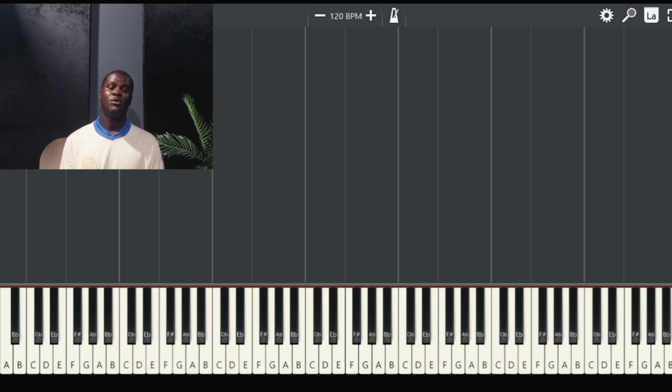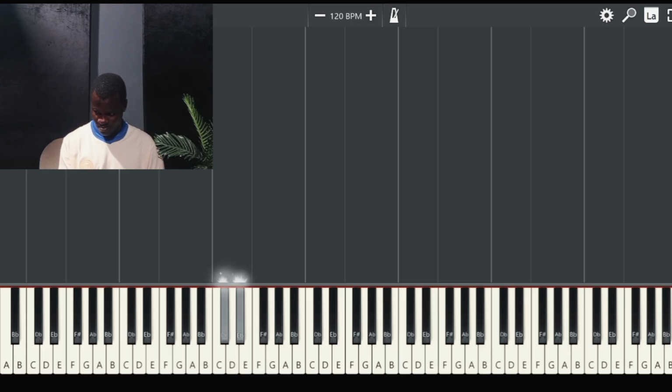Now, on the musical keyboard, the first key that is advisable for you to locate is the key of C. And how do you find the key of C? If you look at the keyboard, you have the first group of two black keys.